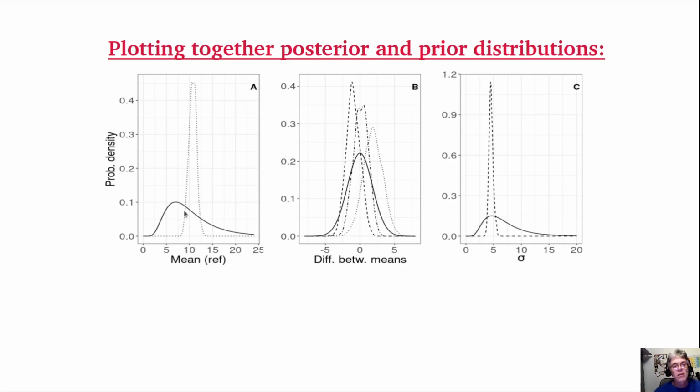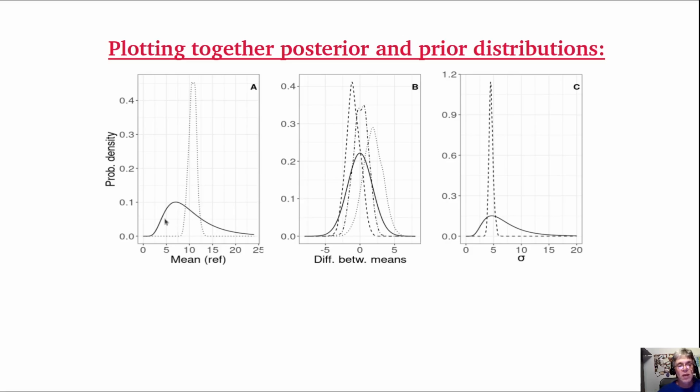It doesn't matter the probability densities. What matters in this depiction is the range of values that have support after including information in this analysis. So I again stress that this is the prior distribution before seeing the data, and this is the posterior distribution that incorporates 2 sources of information, the prior and the information in the data.